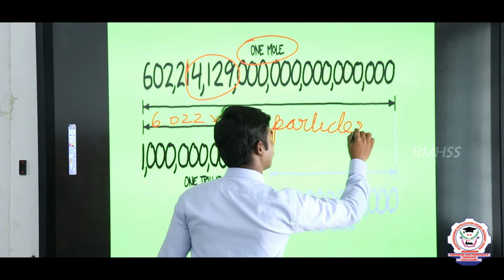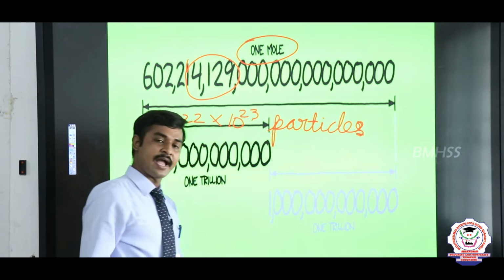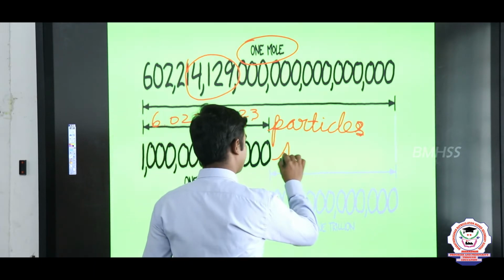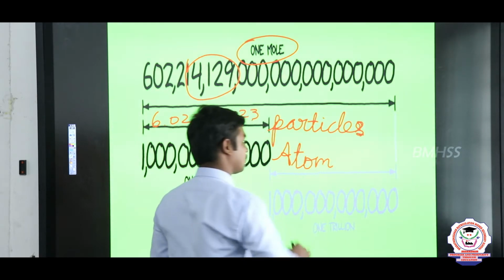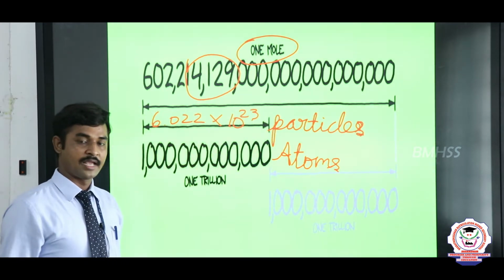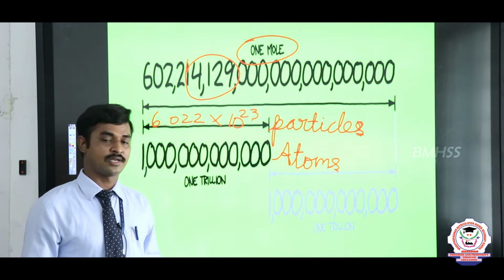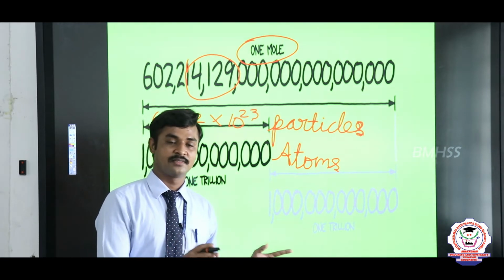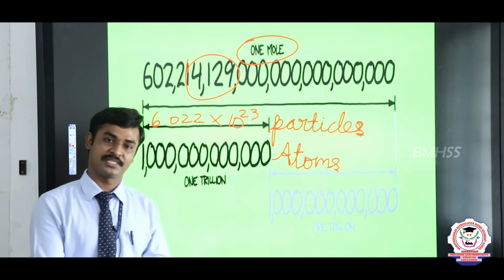These particles may be atoms or molecules. Atoms are also calculated by this mole concept. For example, in the periodic table you can see the atomic weight, which contains a number that may be rounded off or a decimal number.